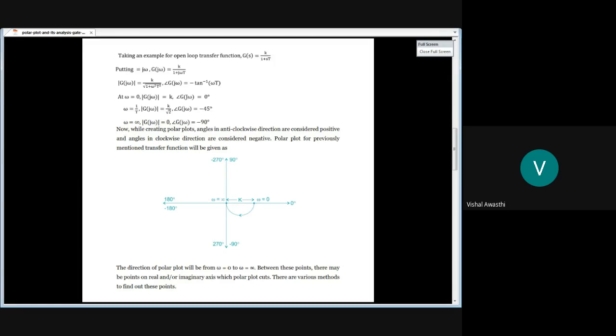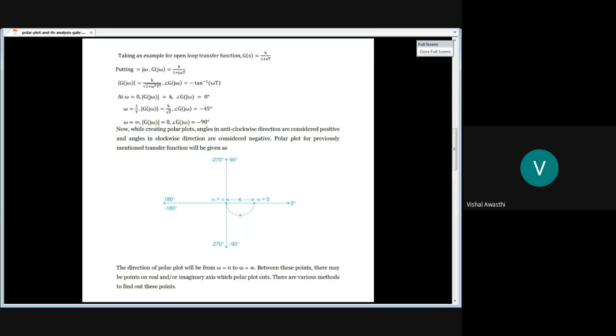As explained earlier, the first step is to put s equal to j omega. When you put s equal to j omega, G(j omega) is now K upon 1 plus j omega T. Next is to find its magnitude and phase. Its magnitude: K is a constant, so this is K plus j0, so this is under root K square plus 0 square, which returns the simple K value.